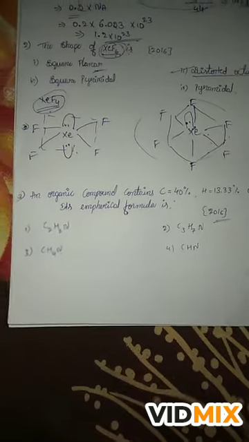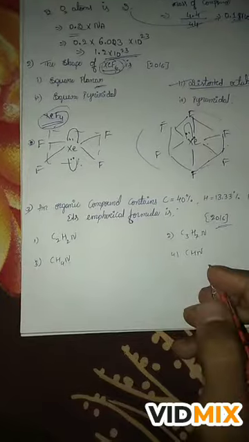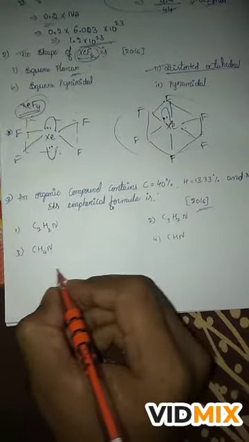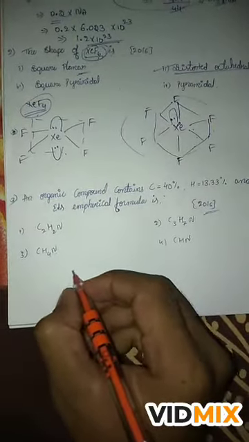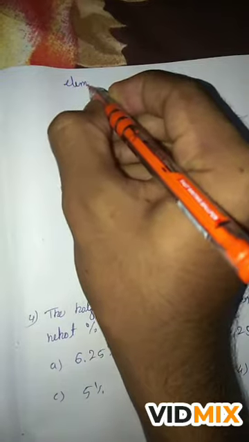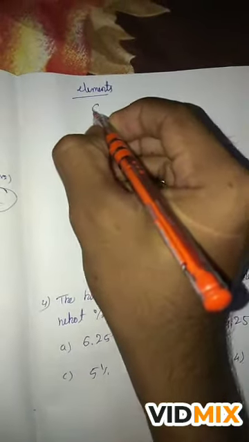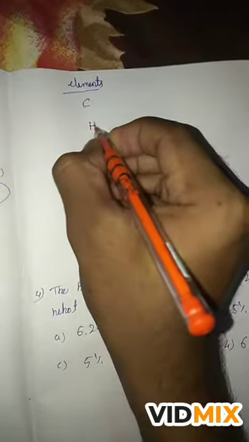Now we add columns. The first column is for elements. The elements given are carbon, hydrogen and nitrogen.